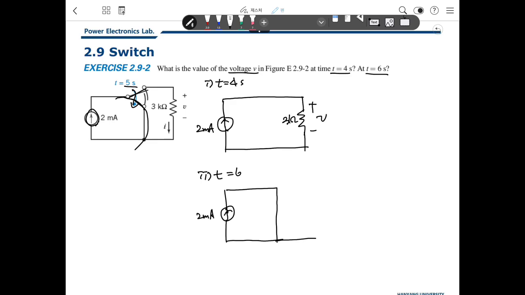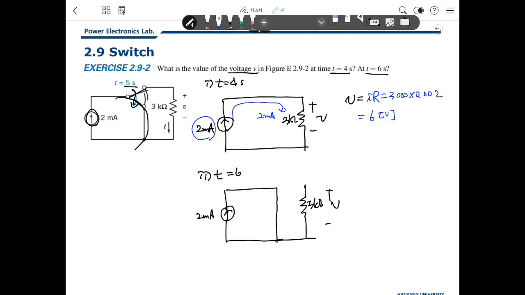So what is the value here? Because the current source current is flowing this way, 2 milliamps, V is IR, 2 times 3, that means 6 volts.